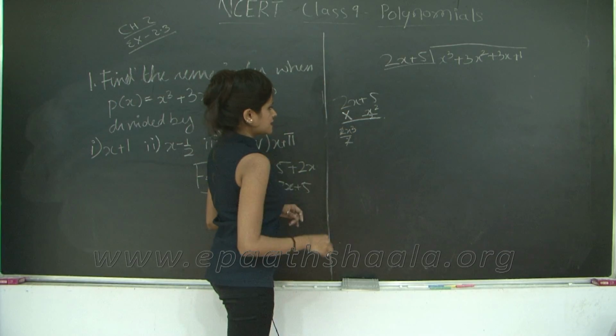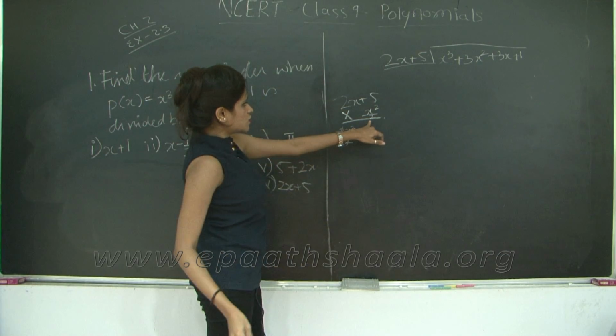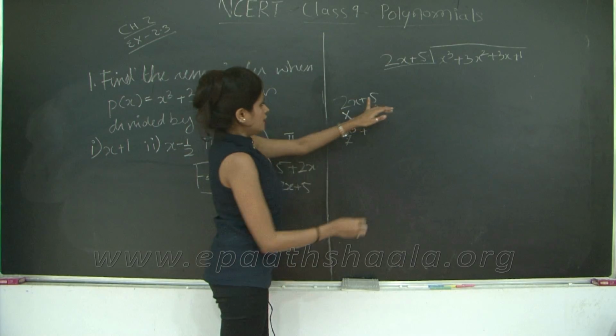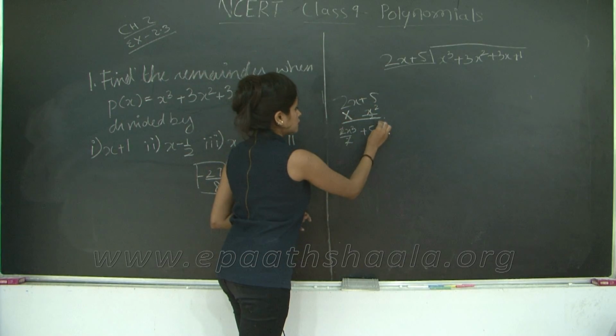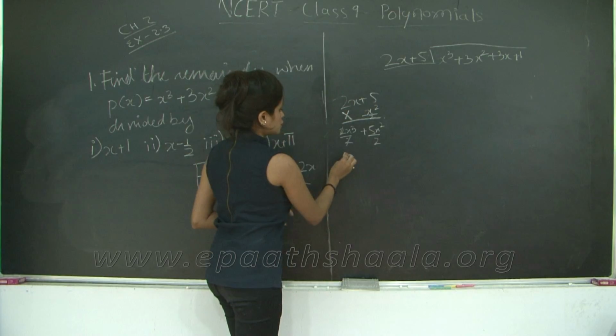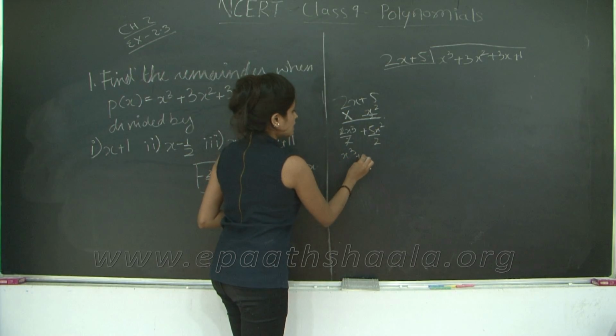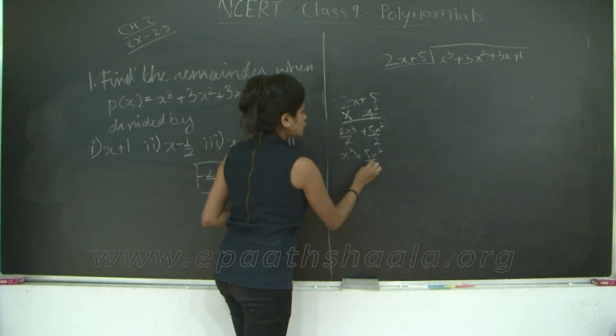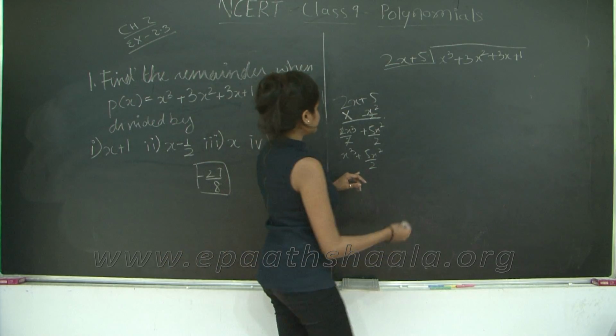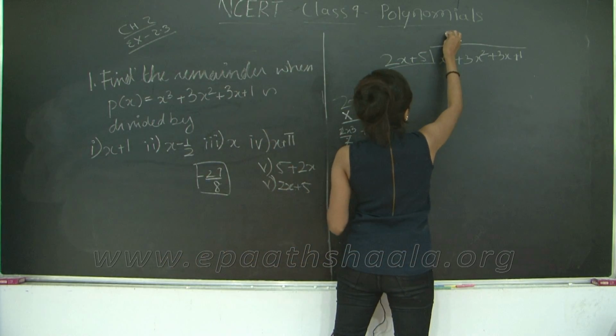So 2 and 2 will cancel out, right? That is why I am taking x square upon 2 plus 5x square upon 2. So this is nothing but x cube plus 5x square upon 2. Got it?